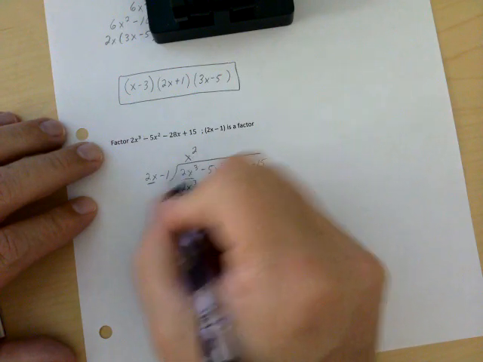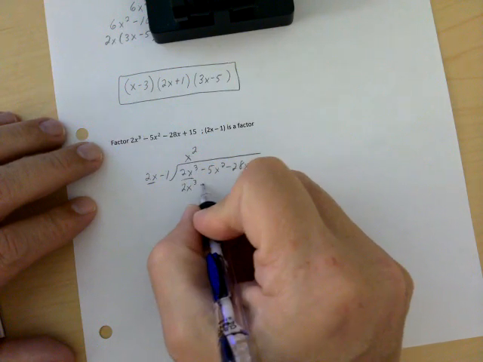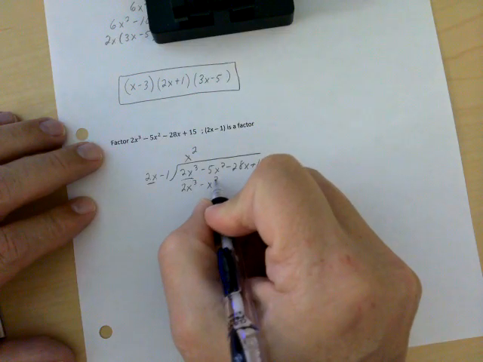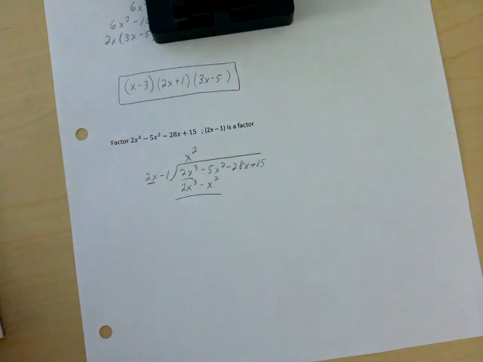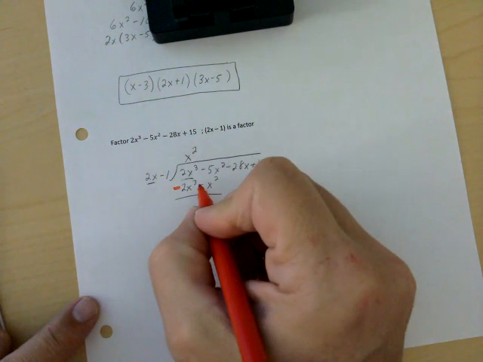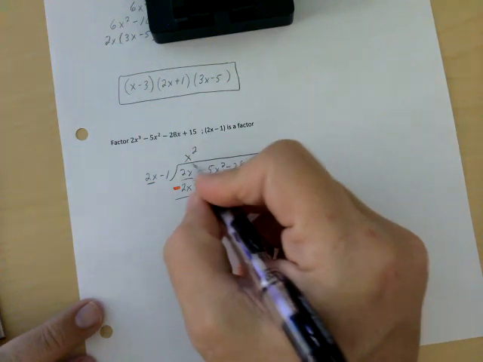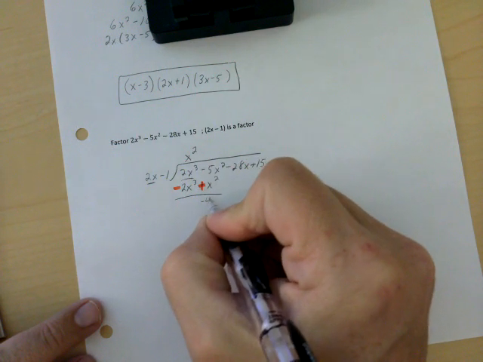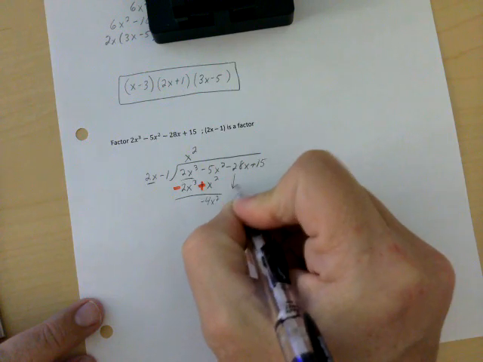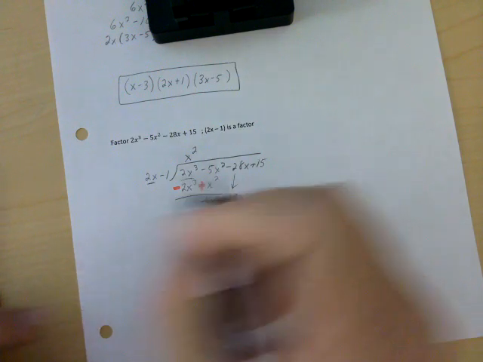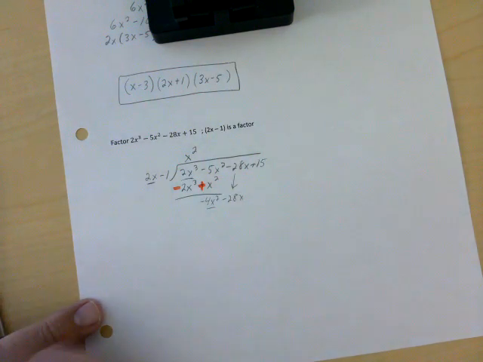I'll line all my like terms up. Then we have a negative x squared. Draw a line, and then I'll change these to their opposites. So then this cancels out. We're left with negative 4x squared. I bring down the minus 28x. And I start the process over again.